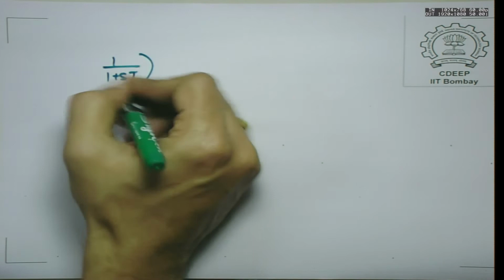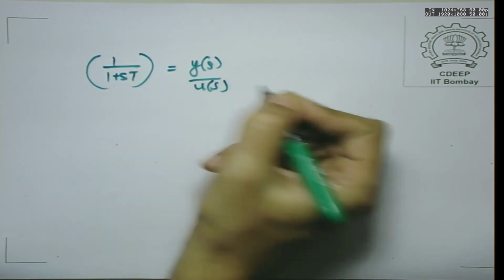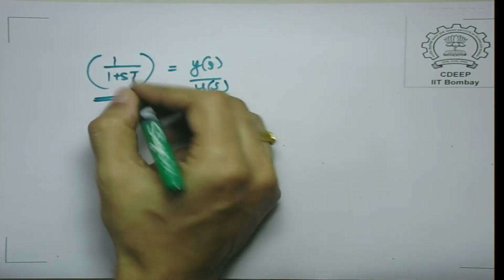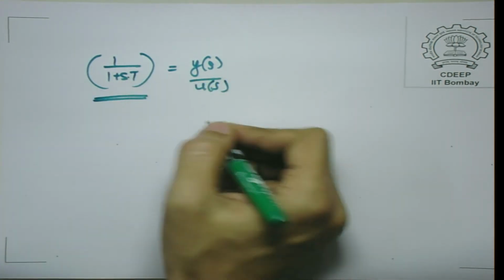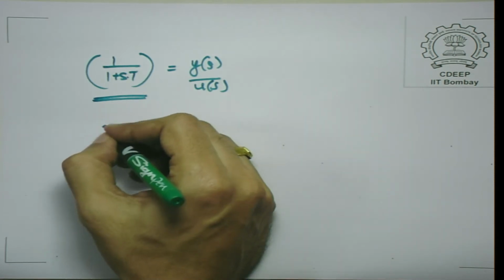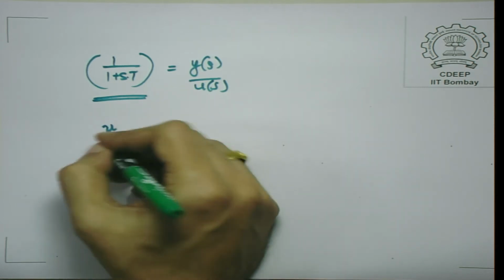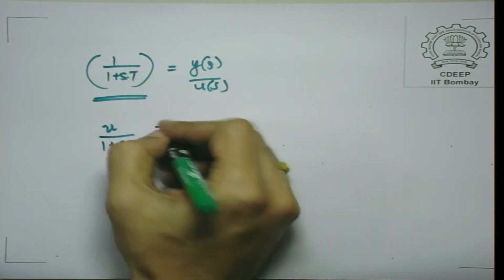So, 1 upon 1 plus sT is a transfer function between the output and the input. This is a representation of a dynamical system. Once you see an s here, of course, it contains a dynamical system, and essentially what is meant is u upon 1 plus sT is equal to y of s.